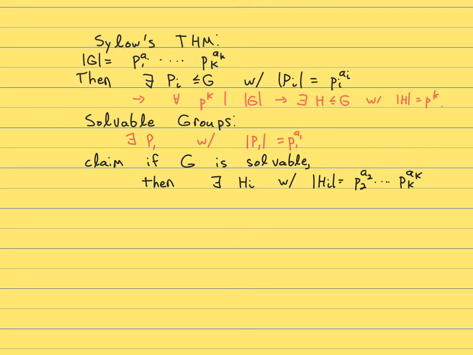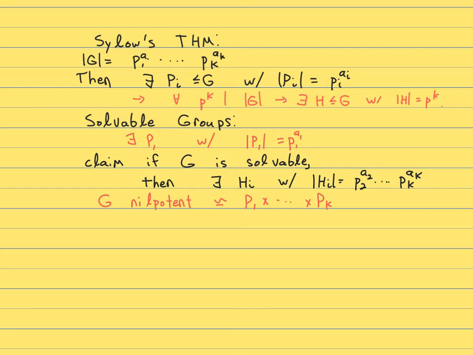So the intuition here is, remember, when G is nilpotent, then it's isomorphic to the direct product of its Sylow subgroups.